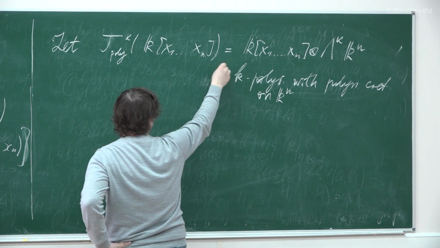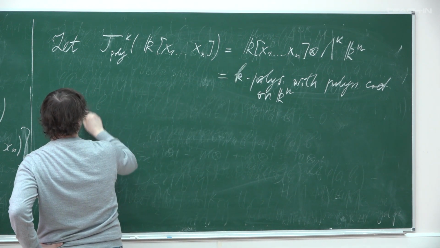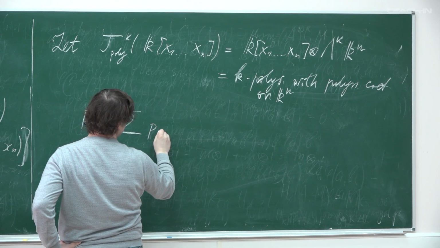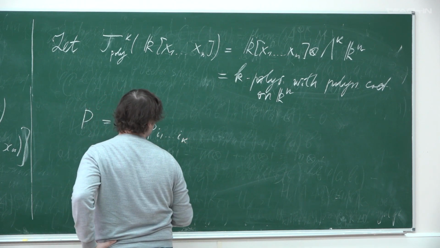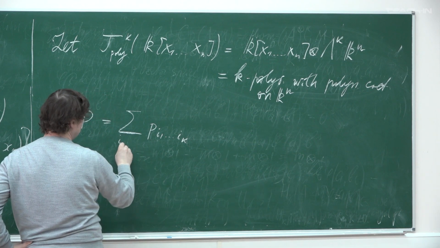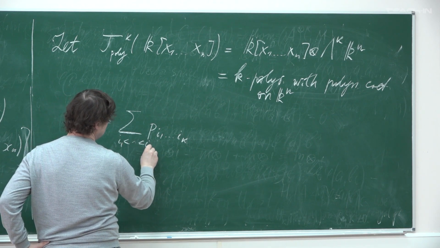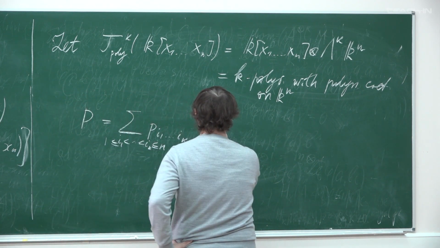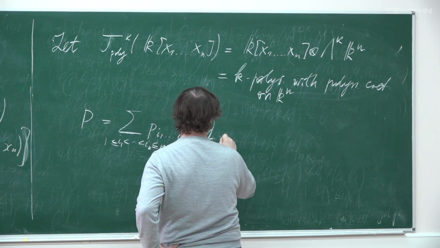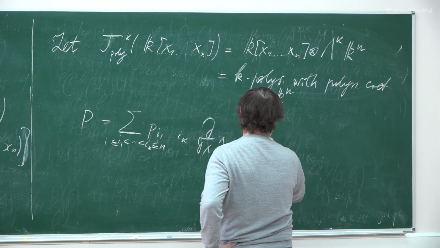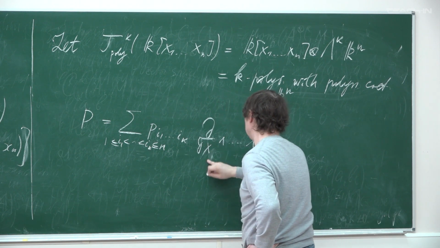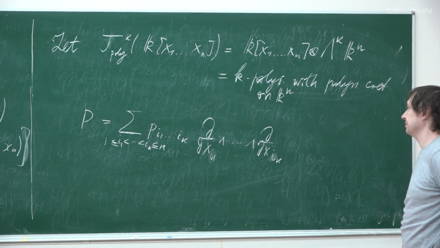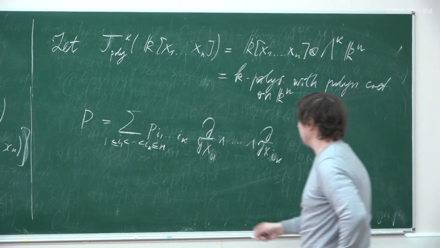So we can regard any element here as a combination of certain polynomials P_{i1...ik}, where i1, ..., ik go from 1 to n, times d/dx_{i1}, ..., d/dx_{ik}, of course. Right? And these are some polynomials.